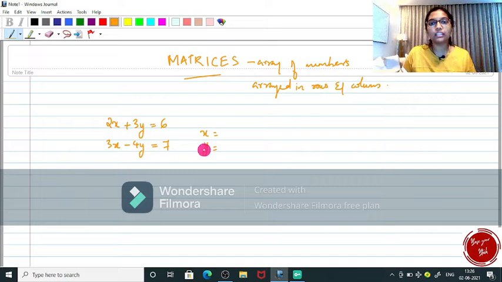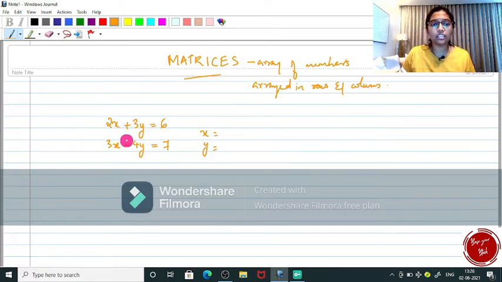There are many methods to get the values for x and y, and matrices render a different method to find the values for x and y. So matrix has its own method of solving these two linear equations.